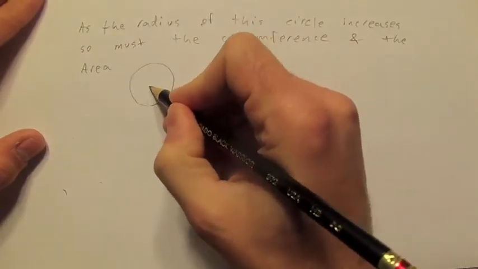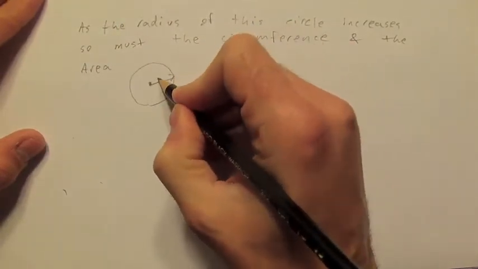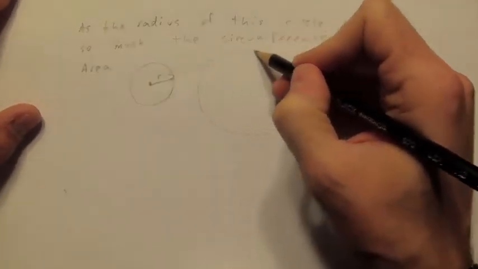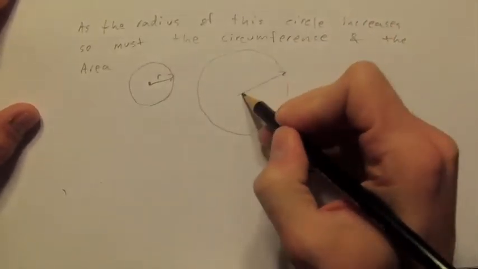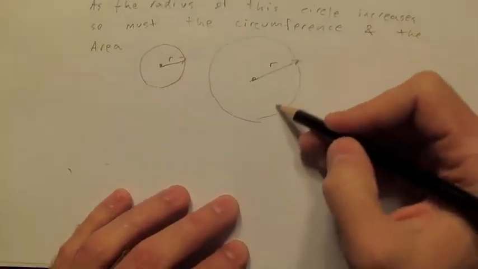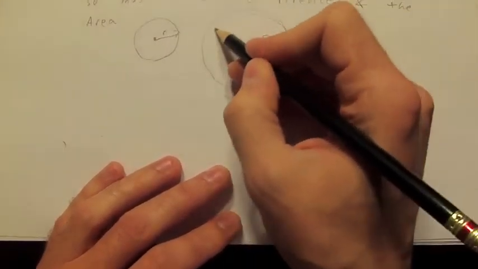Now, if it doesn't stay a circle, that's a different problem, but we're not going to worry about that just yet. But as the radius increases by a certain amount, the area certainly does too, and the circumference has to as well.